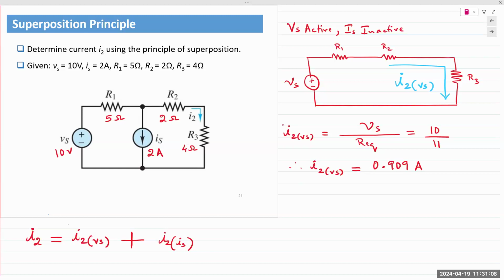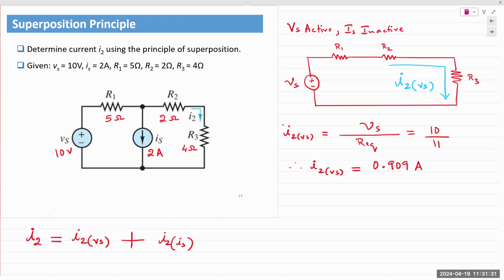Only half the work yet. We still need to analyze for Is. Does that make sense? Right.